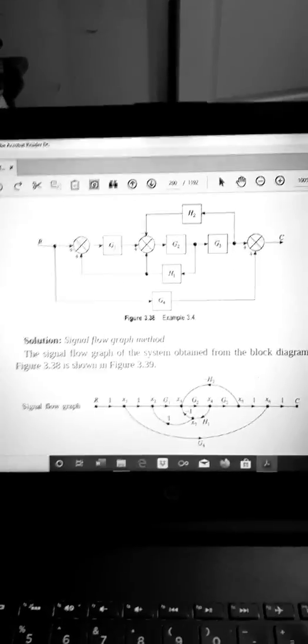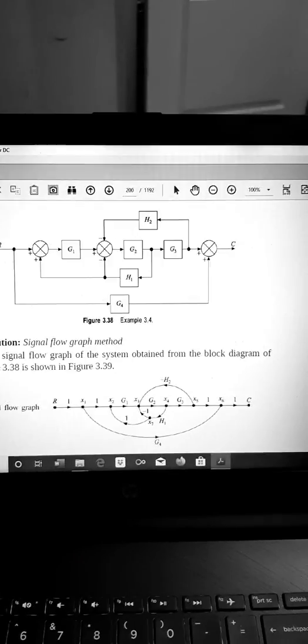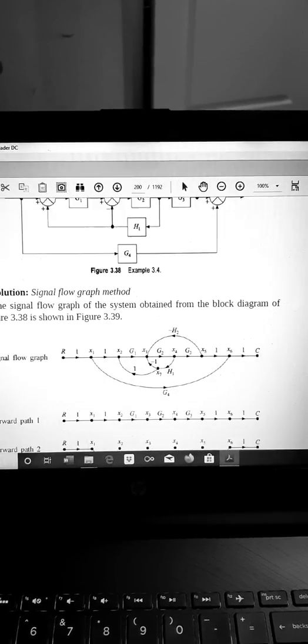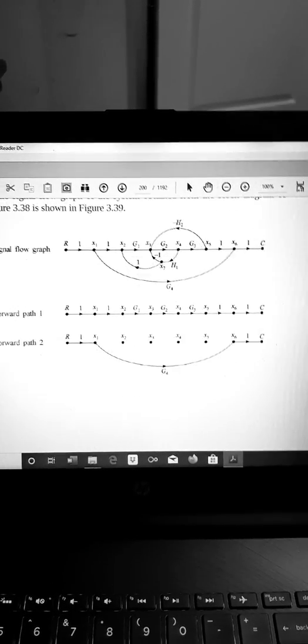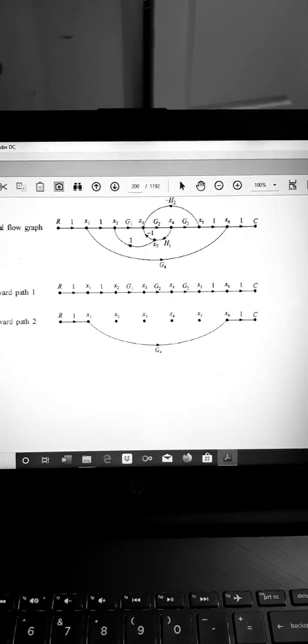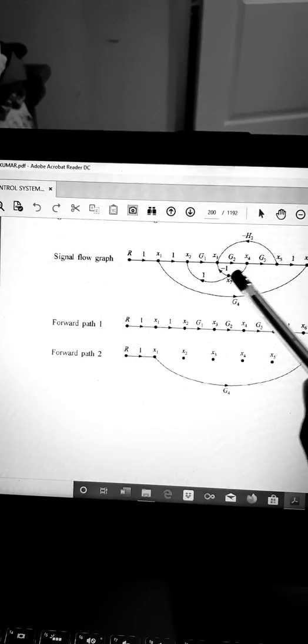Now, when you are analyzing this circuit, how many forward paths? As you can see, there are two forward paths, and how many loops? This will be one loop, another is this loop. Loop means you have to start from a point, and it should end at that particular point only.